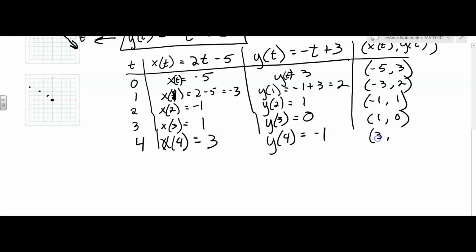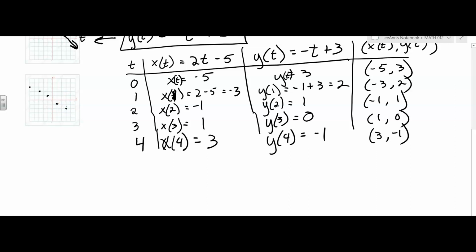So you get the point 3, -1, which in fact, if you go back up, that's where it ends, right? I think I drew the last point wrong. 1, 0. Yeah, I did that wrong. Okay, so 3, -1. There it is.